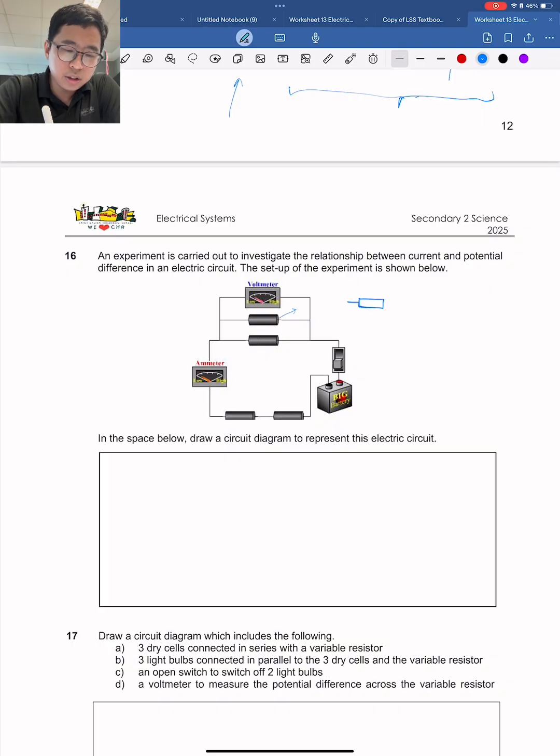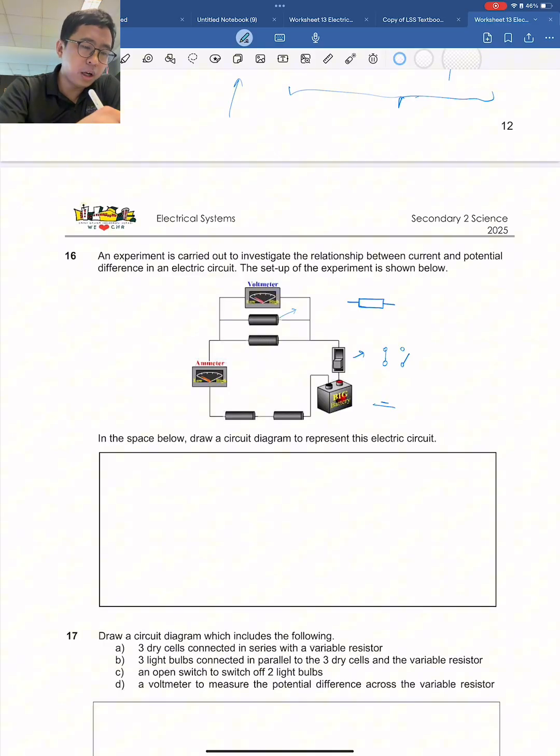What type of resistors? They are fixed resistors. This is a switch. Whether it's closed or open, I'm not sure, and also because it's not clear, you can draw either one. This says big battery on it. I'm not sure if your printing comes up clear. And then you have your ammeter and voltmeter.